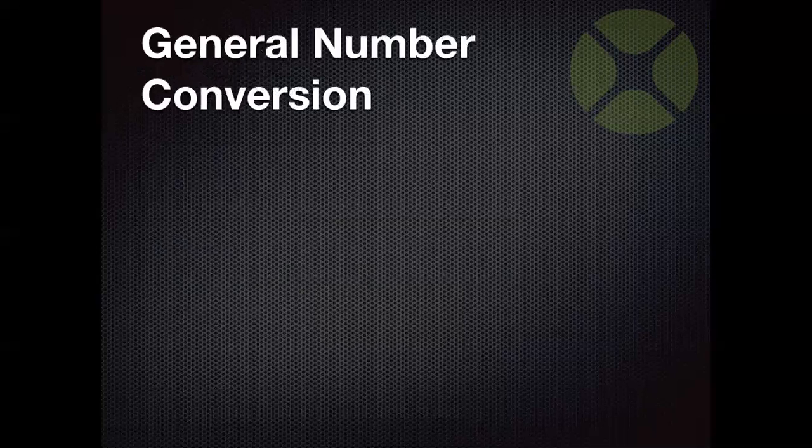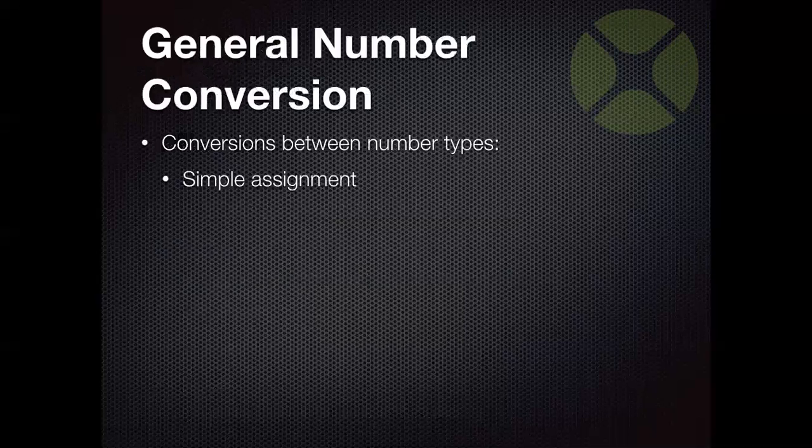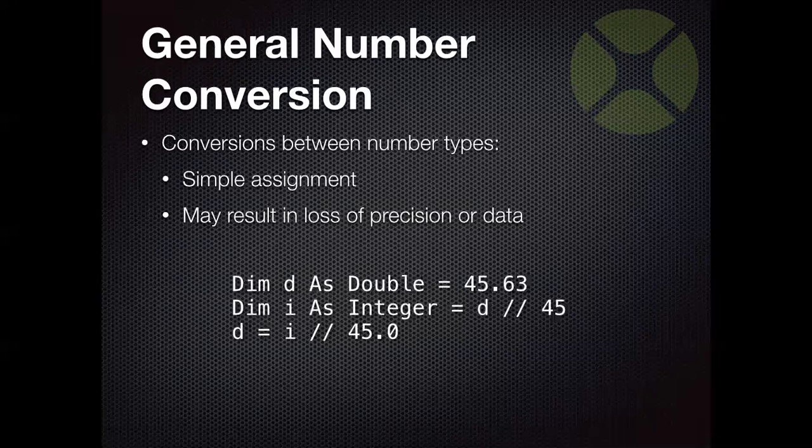Now, I want to talk a little bit about general number conversion. You can convert between number types using simple assignment, but this may result in a loss of the precision of the data or loss of some of the data itself. So just a simple example here, if I create a double and set it to some value, and then I create an integer, I can just assign the double to the integer.